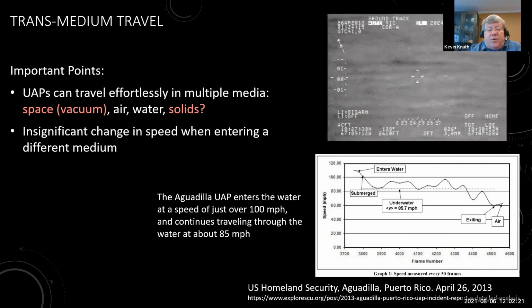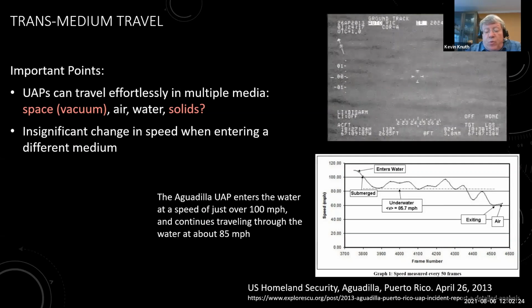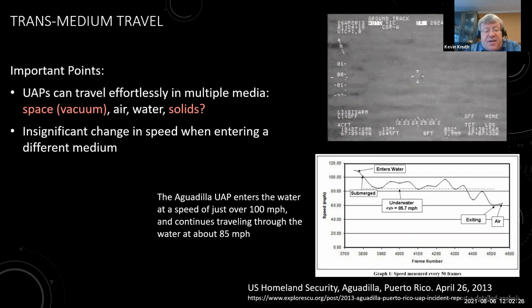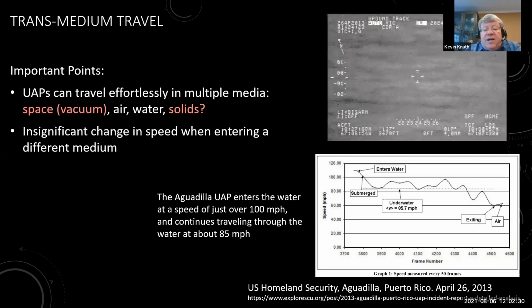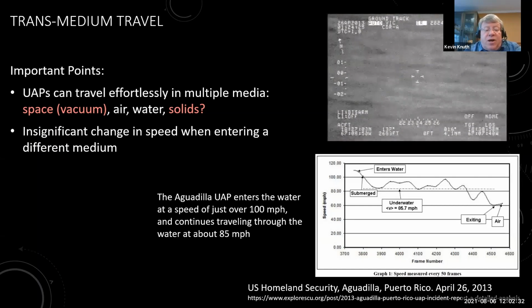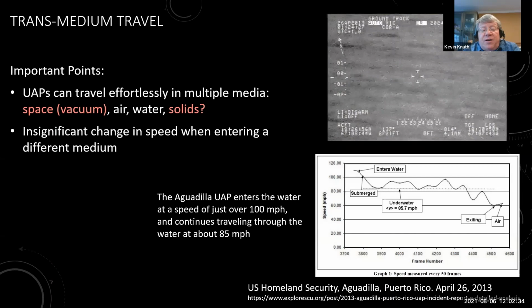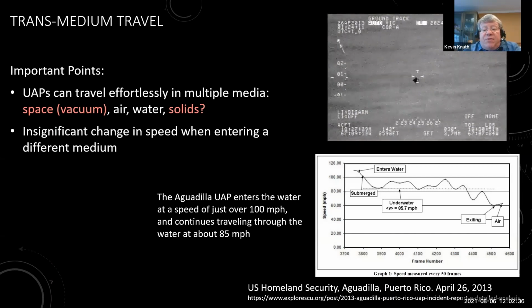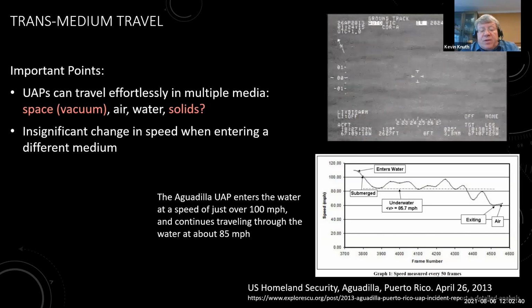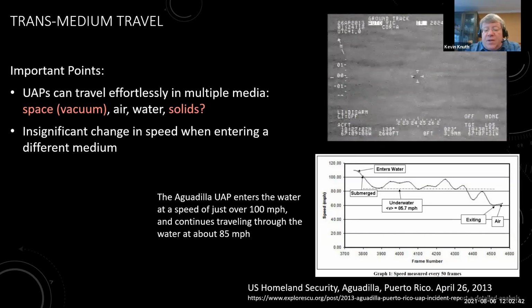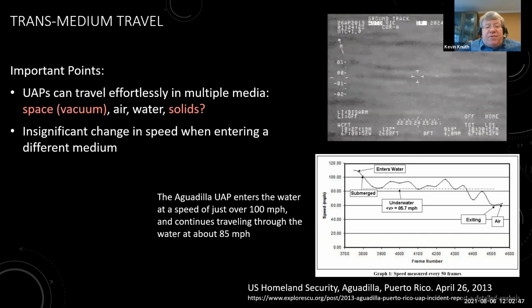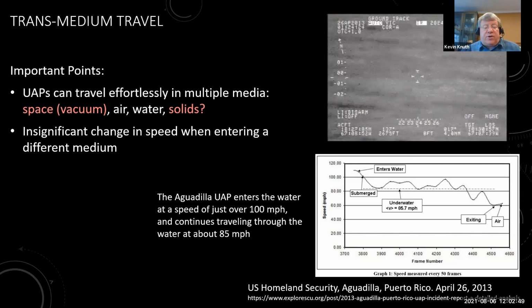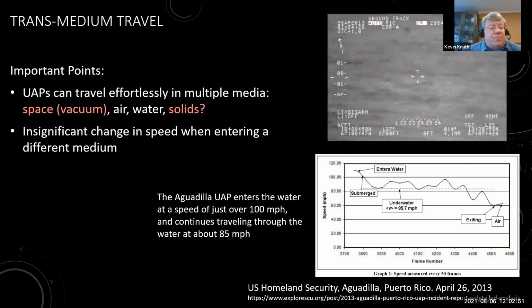The graph below is from the report produced by SCU, the Scientific Coalition for UAP Studies, and they show that the object enters the water around 110 miles an hour, and once it's submerged, it's traveling at about 100 miles an hour. Those are their estimates. It then continues through the water around 85 miles an hour. So you don't have a very dramatic speed decrease as this object enters the water.